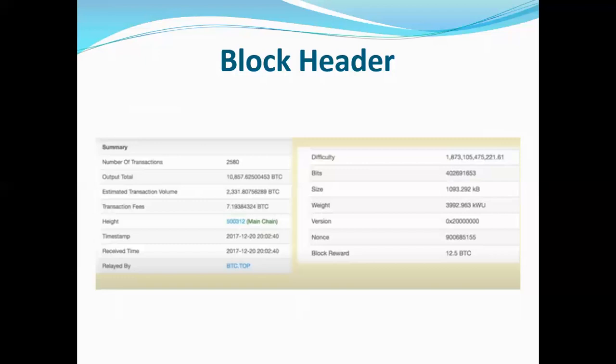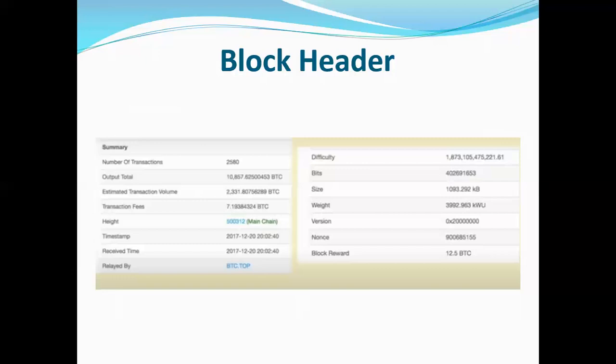Next is the timestamp value, and then who was generating this block? Here BTC.top, who is actually the miner, validated the block. Then the difficulty level as per the hash finding algorithm. The next parameter is how many bits there are in the block, and then the entire block size. Here you can see that it is around 1 megabyte.